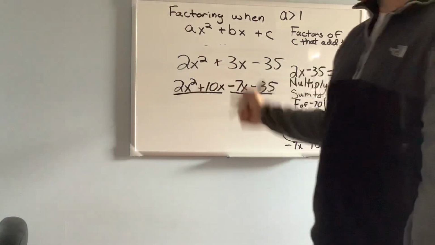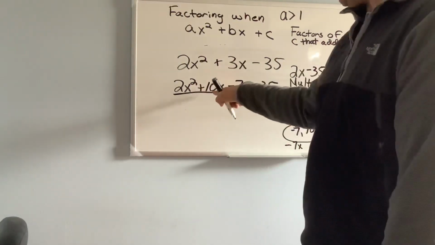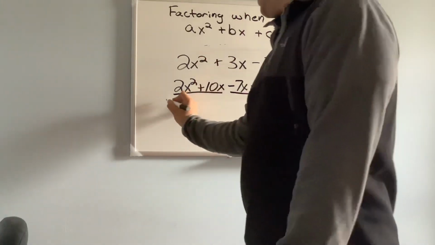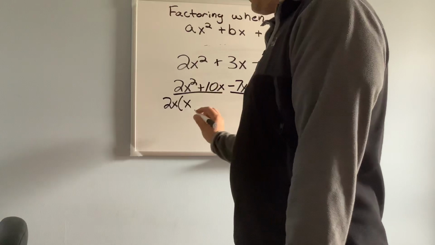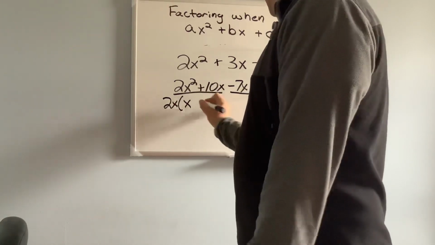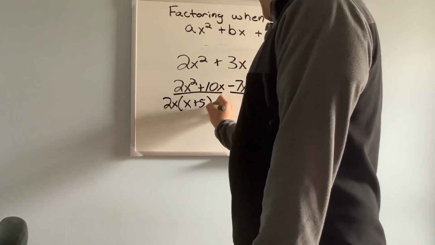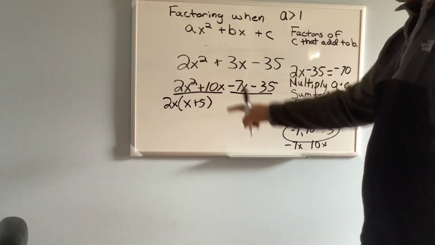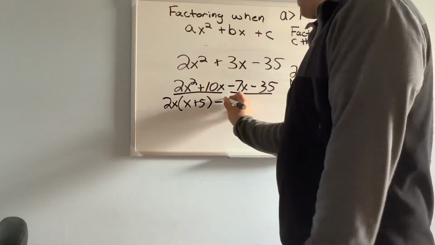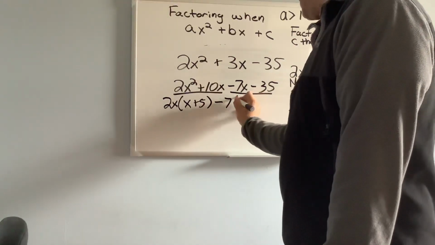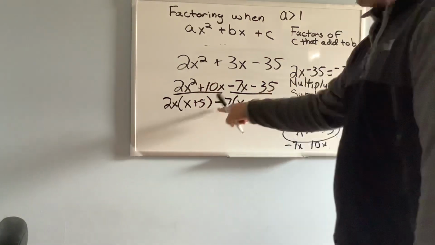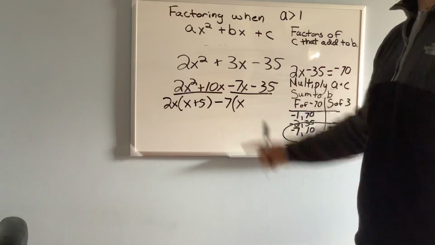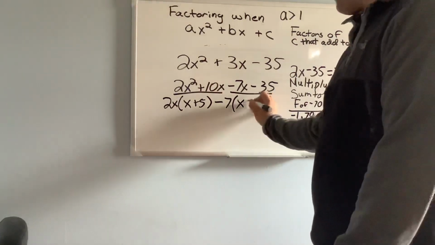So if I factor 2x squared and plus 10x, I can pull 2x out. So 2x times x plus 5. And then here, if I factor a negative 7 out, it would be negative 7 times x, and then negative 7. If I take negative 35 and divide it by negative 7, we get positive 5.